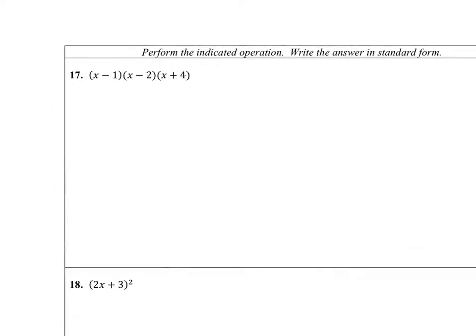For the final page, 17, 18, and then 19 is a bonus. So you want to multiply these two together first. And then whenever you get that, multiply that answer times x plus 4. So you're just going to do your standard box here of x minus 1 and x minus 2.